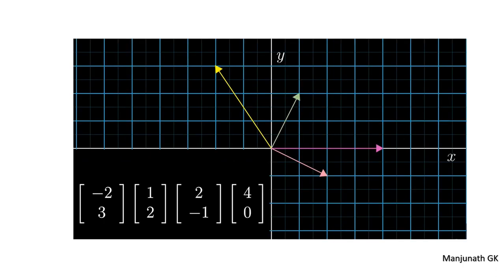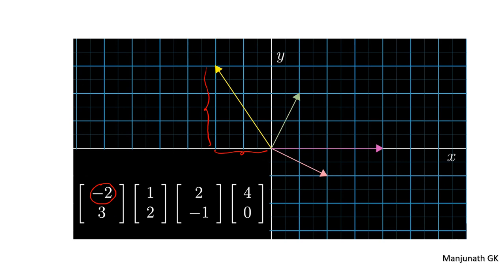Alright, consider four different vectors. Our first vector is minus 2 and 3: minus 2 units along the x-axis, 3 along the y-axis. As a result, this will be the vector here.